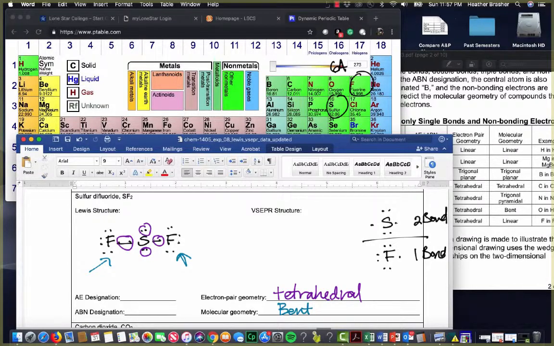These are going to bend down, and essentially the nonbonding electrons are going to be at the top. So what you're going to end up seeing here is essentially what looks like this.